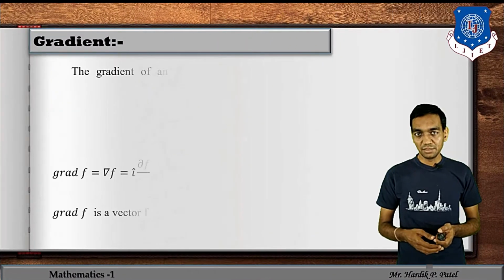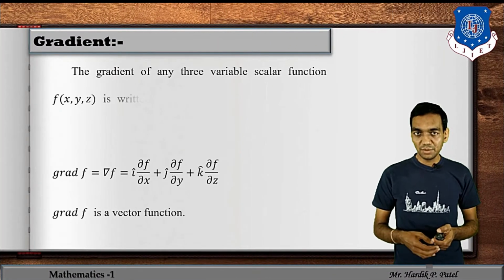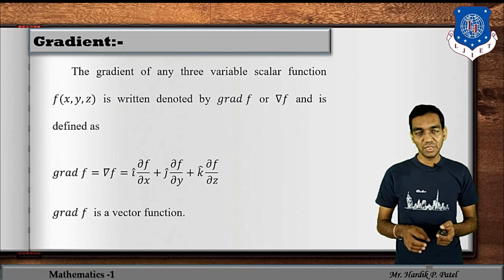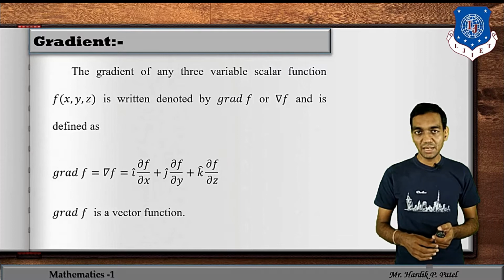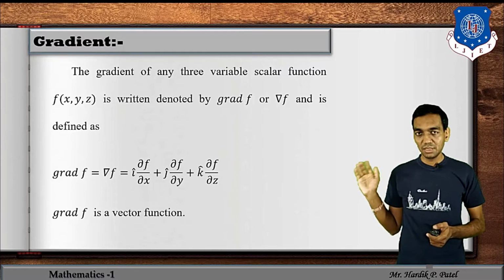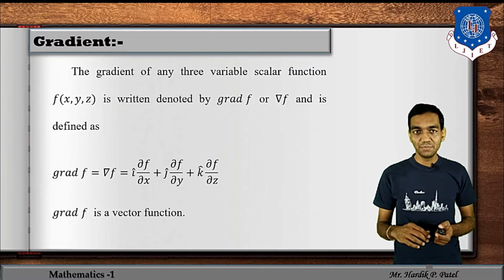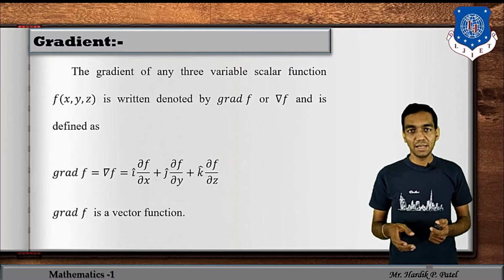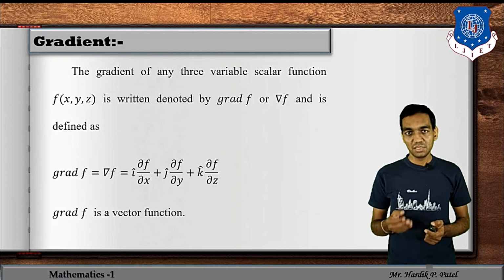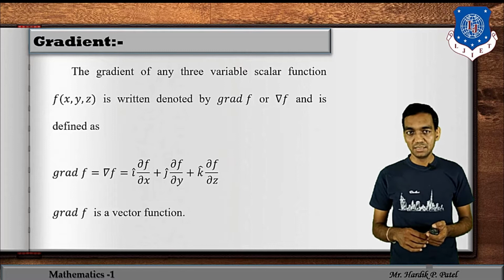So the gradient of a three variable scalar function F of x, y, z is denoted by grad f or nabla f and is defined as grad f is equal to nabla f is equal to i into del f by del x plus j into del f by del y plus k into del f by del z.